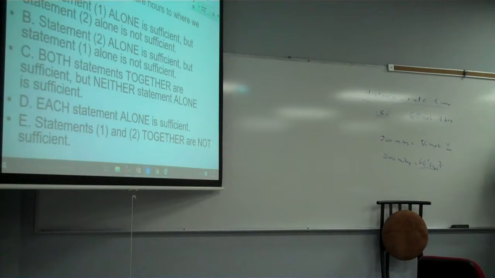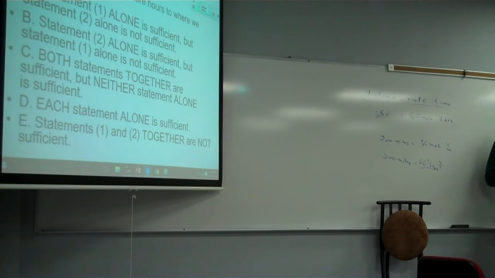Because with statement 1, if we go 300 miles in 5 hours, we can figure out how fast we're going: 60 miles per hour. And if we're going 60 miles per hour, we can figure out how far we're going to travel in 3 hours. They don't ask us how far we travel, but we know it's 180 miles. So 1 is enough to finish this problem.